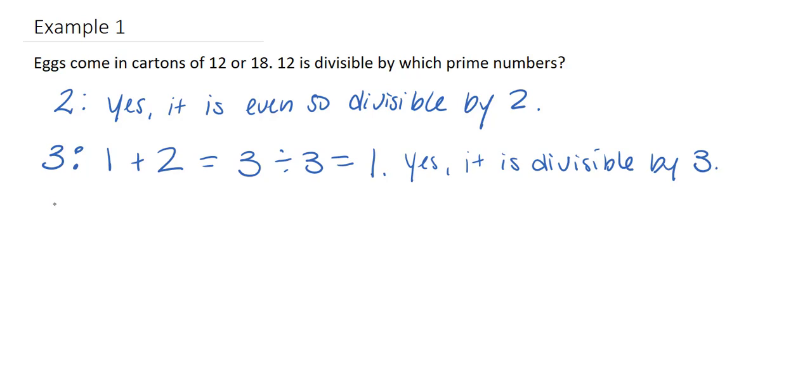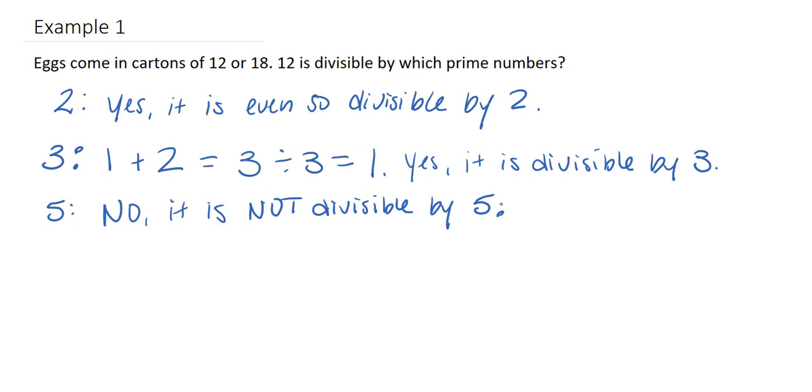The next one we look at is 5. And we look to see if it ends with a 0 or a 5. Well, 12 ends in 2, so we would say no. It is not divisible by 5.